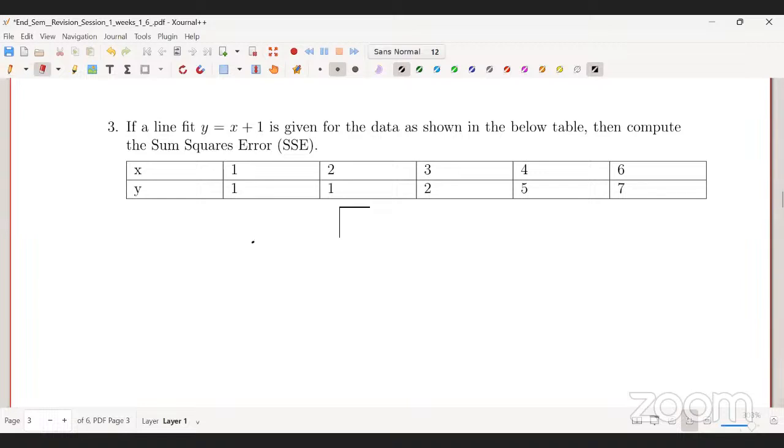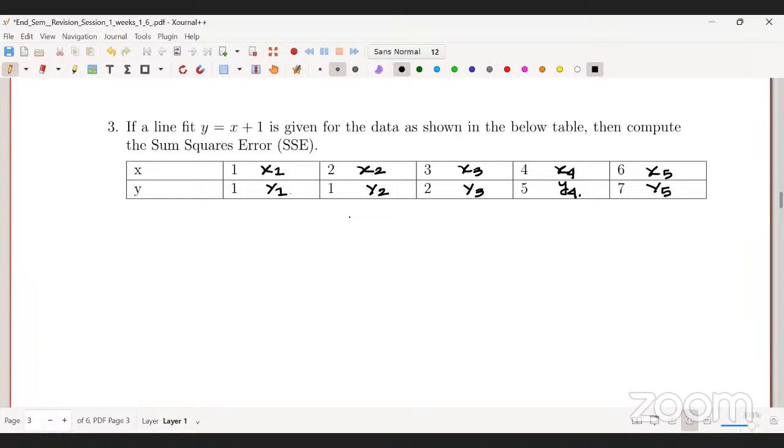So this is my x1, this is my y1, right? This is x2, this is y2, this is x3, y3, x4, y4, and x5, y5, right? So these are the given inputs.